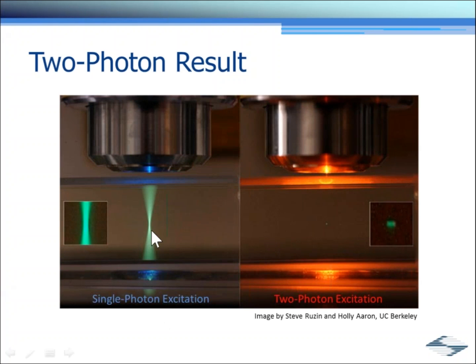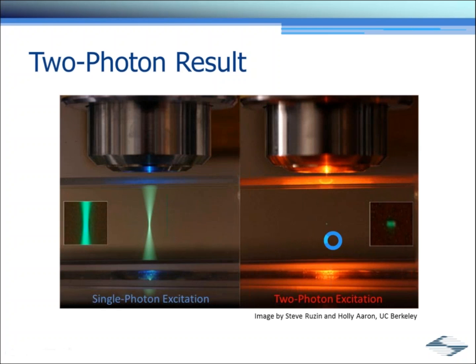We actually see that there is a focal region right here, but we also see above and below a large spread of the beam. In other words, as these photons are coming in, any photon that hits the fluorophore will excite it and cause it to then release an emission photon. And that happens all the way through the axis of the optical path here.